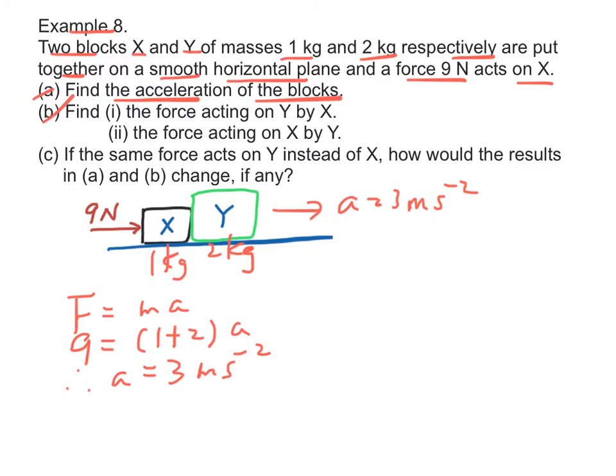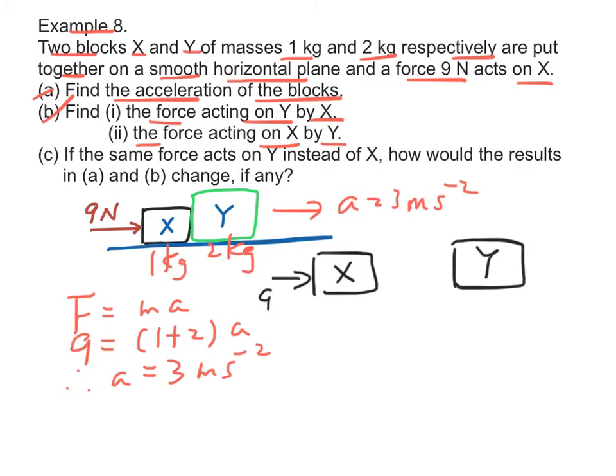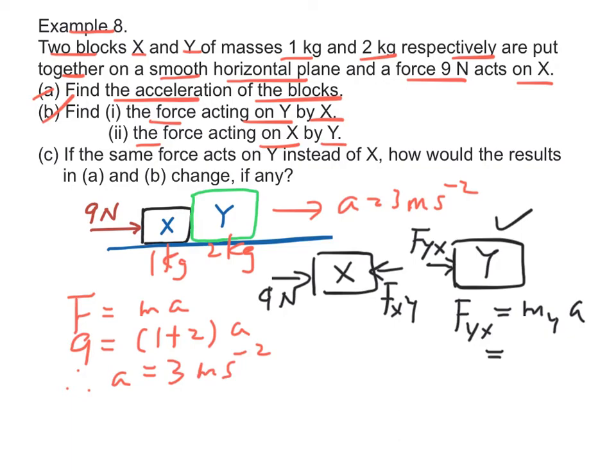For part B, find the force acting on Y by X and the force acting on X by Y. By drawing the force diagram on Y and X, we have the force on X is the 9 newtons and the force acting on X by Y, and the force on Y is the force on Y by X. Let's consider Y. We have F acting on Y by X equal to m_y a equal to 2 times 3, which is 6 newtons.